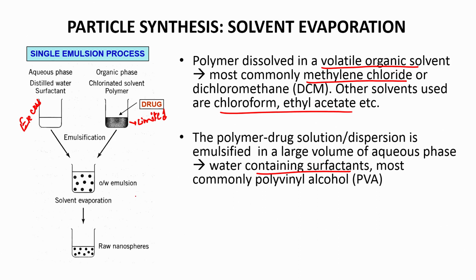What the surfactant does is localize itself at the edge of these particles, because these surfactants have domains that want to interact with the aqueous phase and domains which want to interact with the organic phase. So they stabilize the droplets once they are formed. So you do not have to continuously give energy during the evaporation phase. You can just give the energy once for a certain amount of time, and when these droplets have stabilized due to the presence of surfactants like PVA, you can then leave it and do not have to continue to give energy.